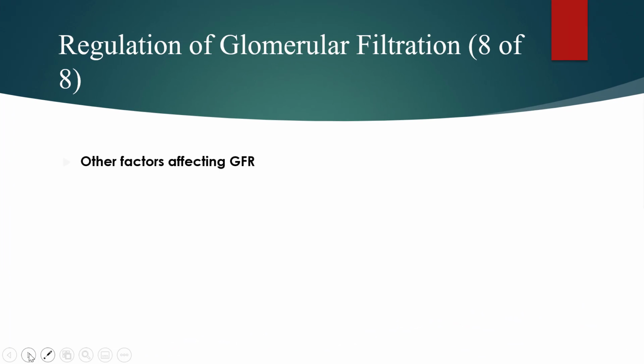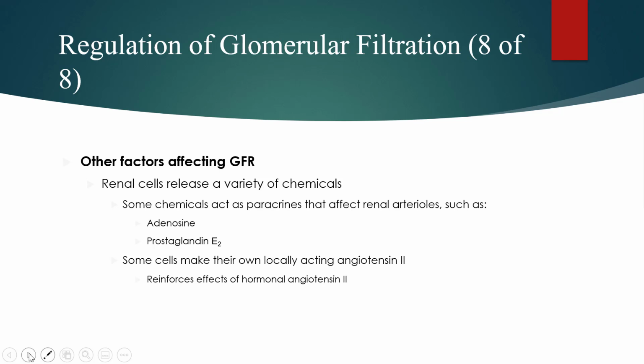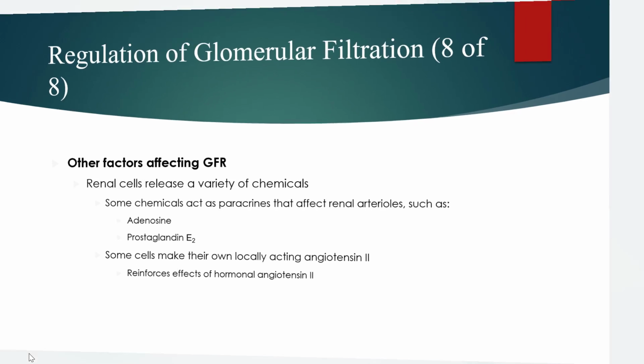All right, so let's take a look at the regulation of the glomerular filtration. Other factors affecting GFR would be a variety of chemicals: adenosine, prostaglandin E. Some cells make their own locally acting angiotensin 2. They reinforce the effects of hormonal angiotensin 2.